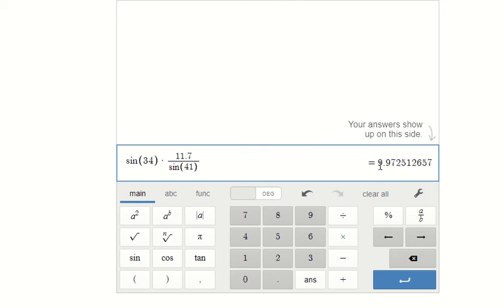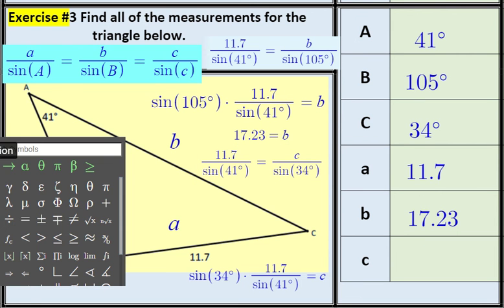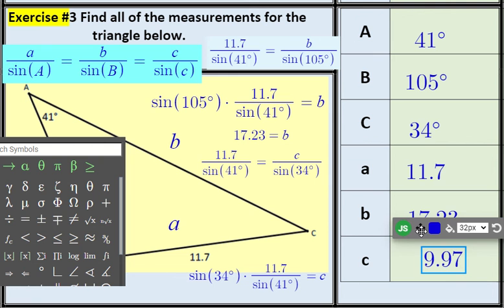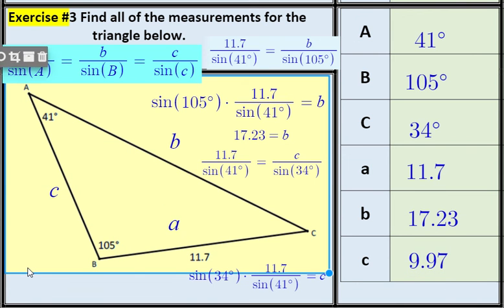And my new side is 9.972, so I'll just keep 9.97. And that's how you use the law of sines and your given information to solve the triangle.